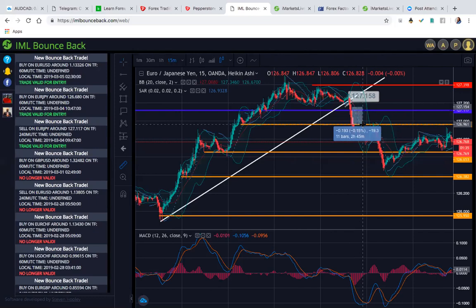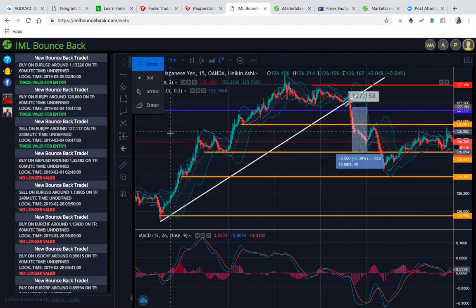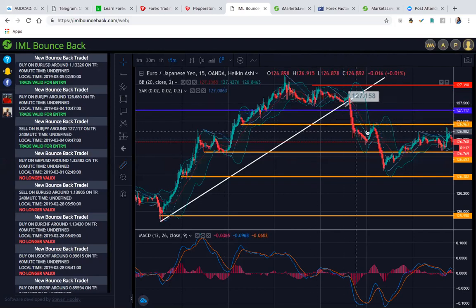For those holding, if you went to the next low, that would have been 50 pips. So your take profits in a sell position are based on the lows in the previous uptrend.